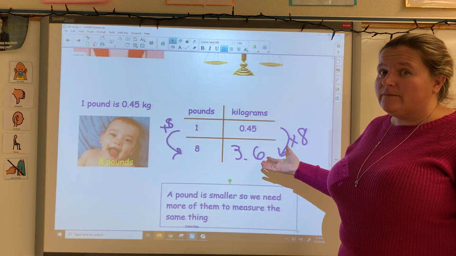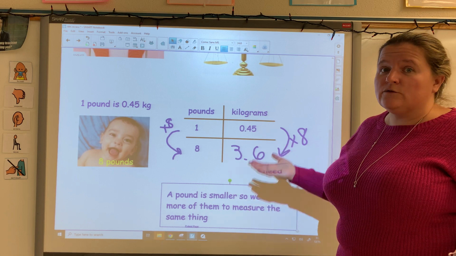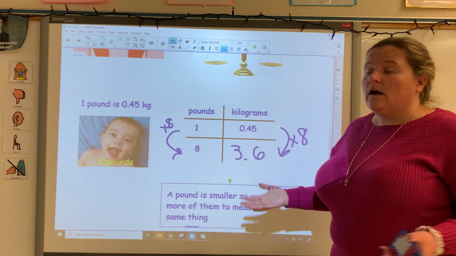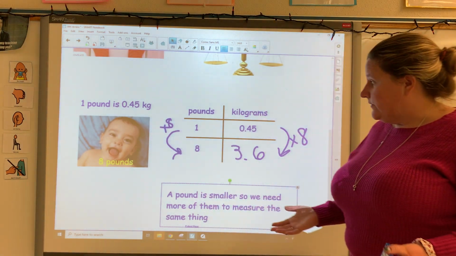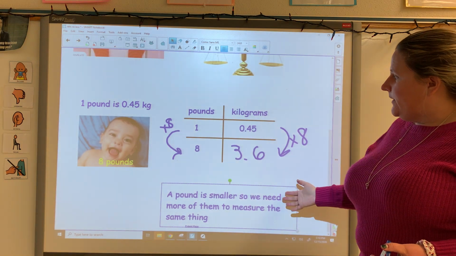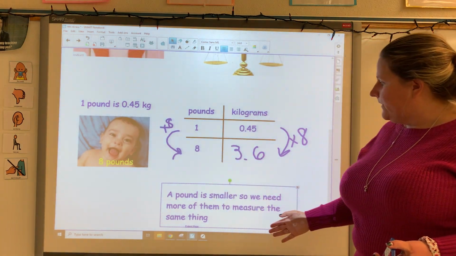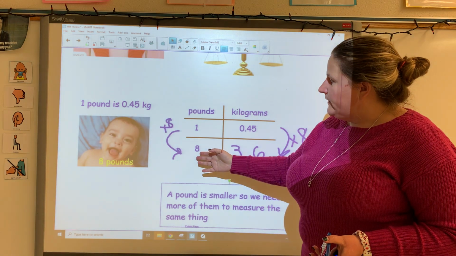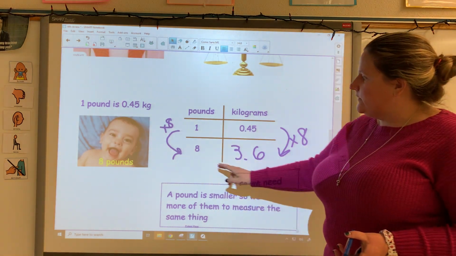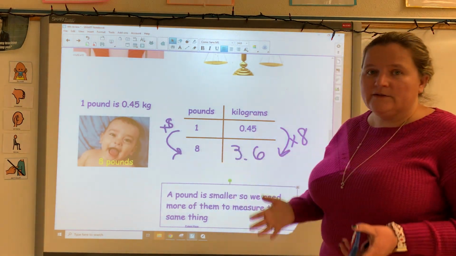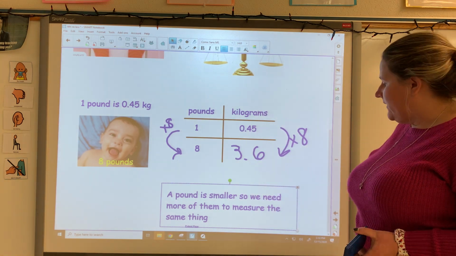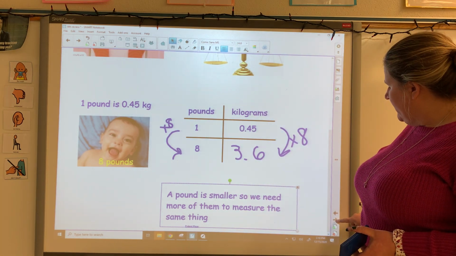They're both right, okay? Just 2 different ways, or 2 different measurements or units, to measure the baby, okay? And the pound is going to be smaller, so we are going to need more of them, okay? My pound is smaller, so I have more pounds to be the same weight as my kilograms.